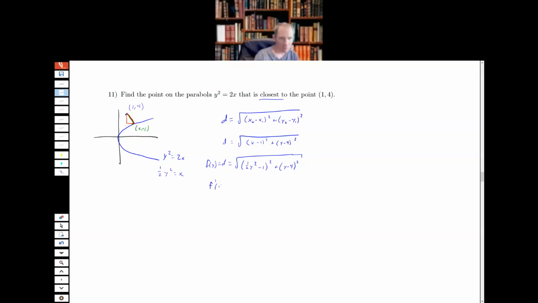So now I'm going to differentiate it. So I have stuff to the half power, so we get 1/2 inside stuff to the negative half power times the derivative of the inside stuff.